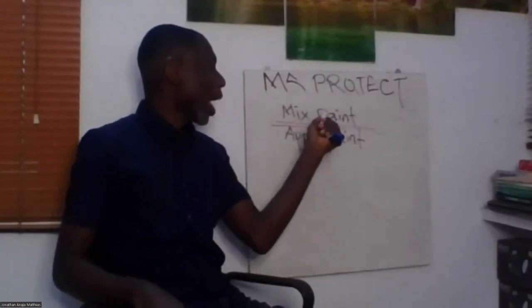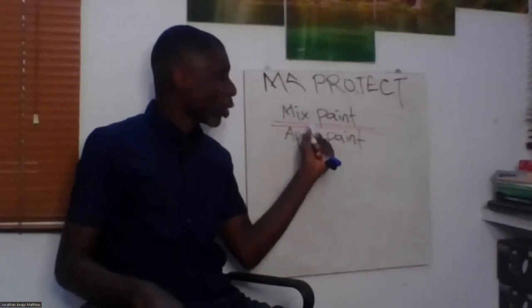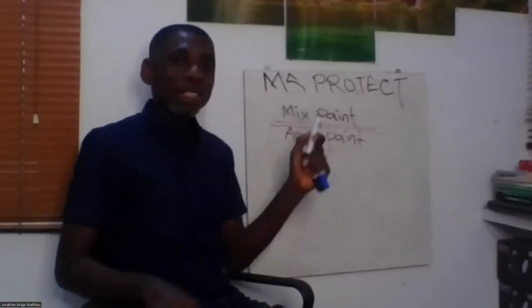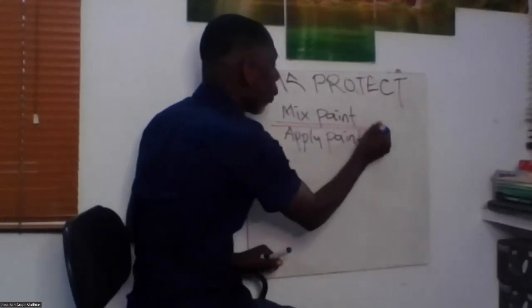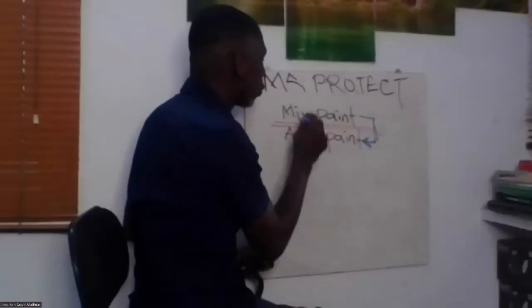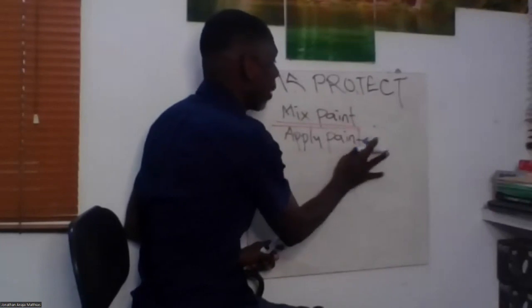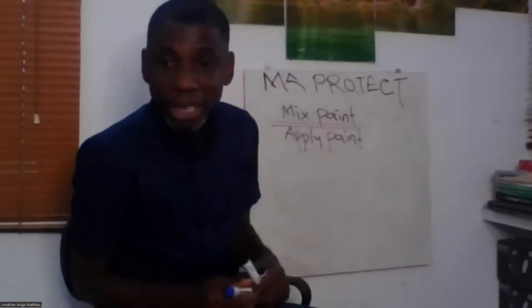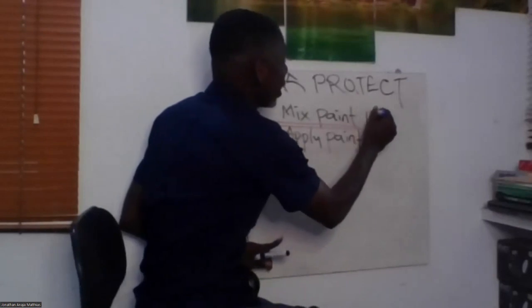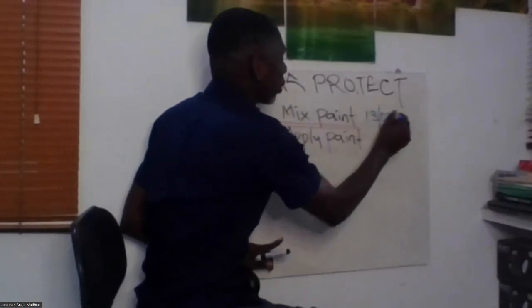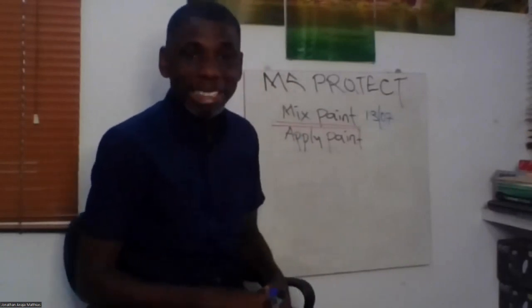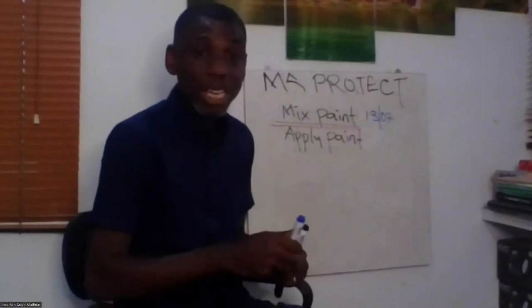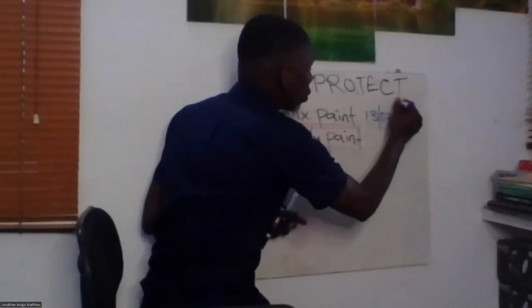Whether in between you are getting scaffold, whether in between you are scrubbing and cleaning the floor, make sure that you link apply paint to mix paint, so that if you say start date of mix paint is tomorrow, 13th July, and maybe you need 1 day, or let's say it's a large project, you need 3 days to mix the paint.